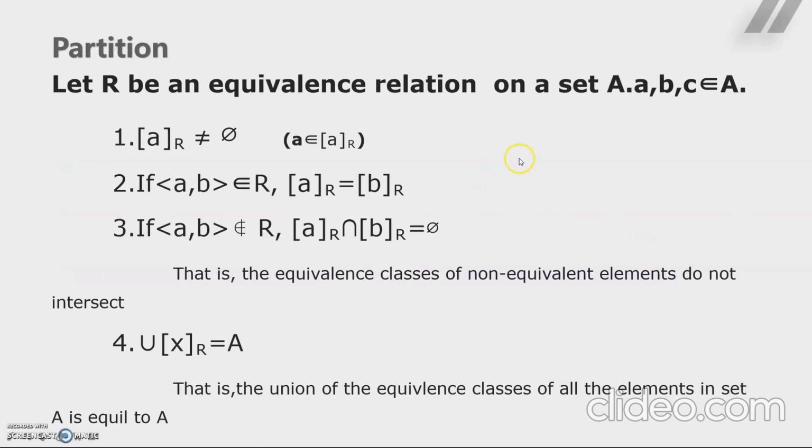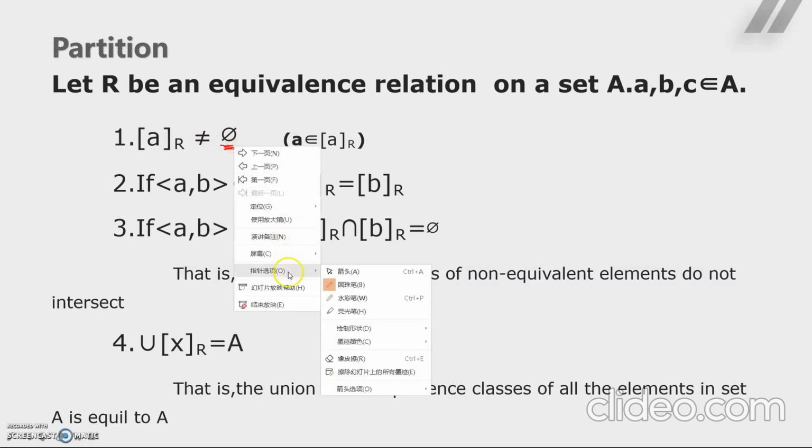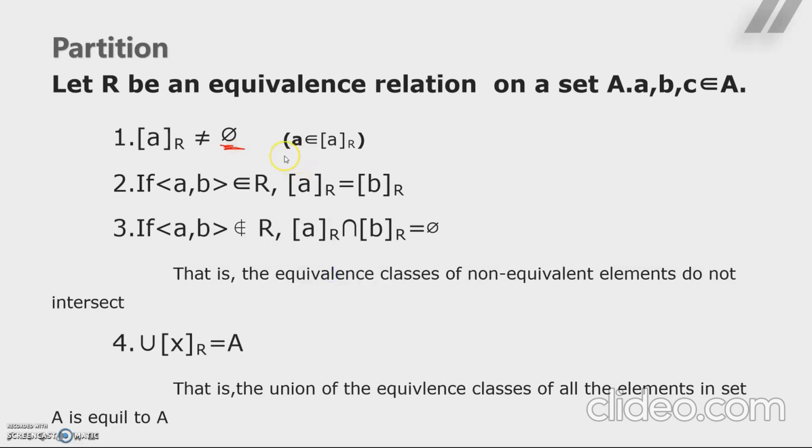The partition of equivalence class. Let R be an equivalence relation on set A, and a, b, c belong to A. The first, the equivalence class of a is not equal to the empty set, because a belongs to the equivalence class of a.